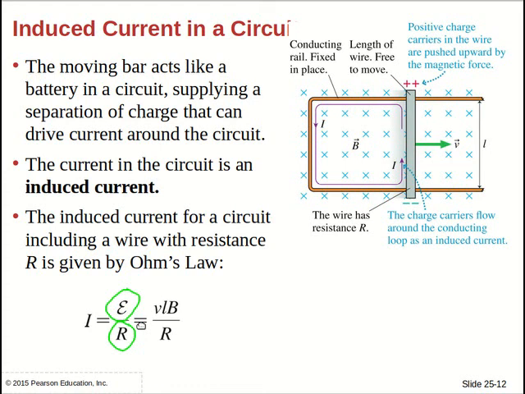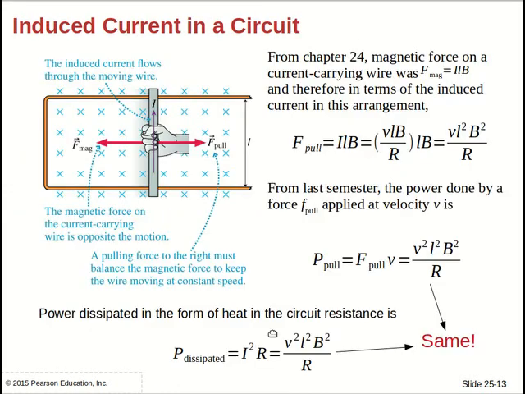If we can measure what that resistance is, then we can calculate the current that moves through the circuit, which is vLB over R: the velocity with which the bar moves times its length times the magnetic field strength, divided by capital R, which in this case is the resistance in the circuit.